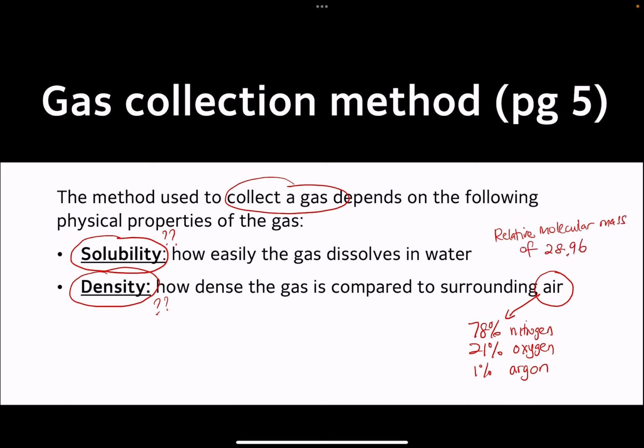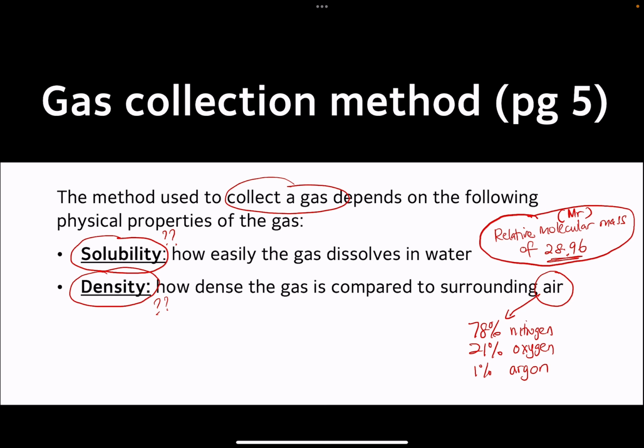Do not worry too much about this number because I will elaborate later on. This is how heavy air is. Any Mr value, which stands for relative molecular mass, that is higher than 28.96 means the gas is denser compared to air. Values lower than this number are considered less dense, or lighter than air.